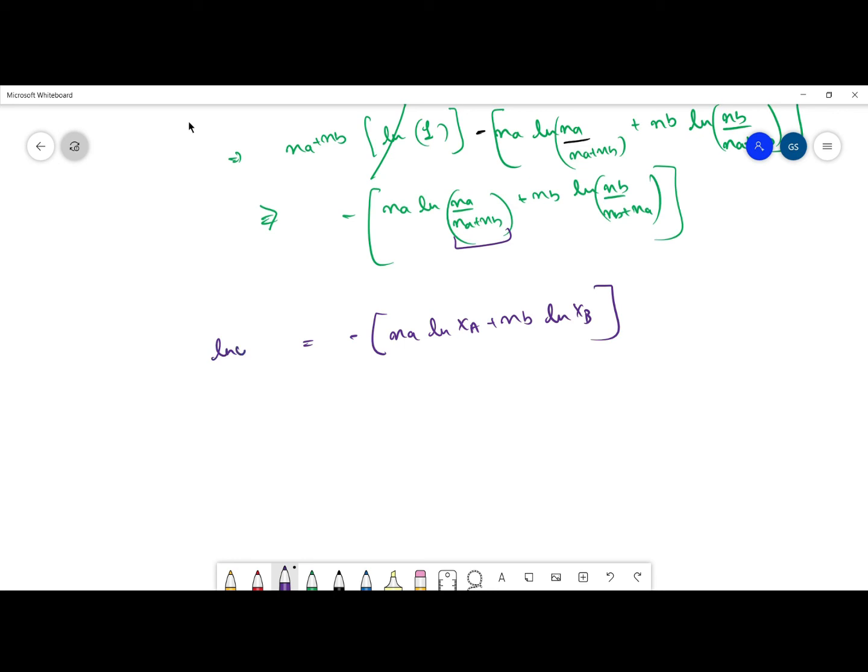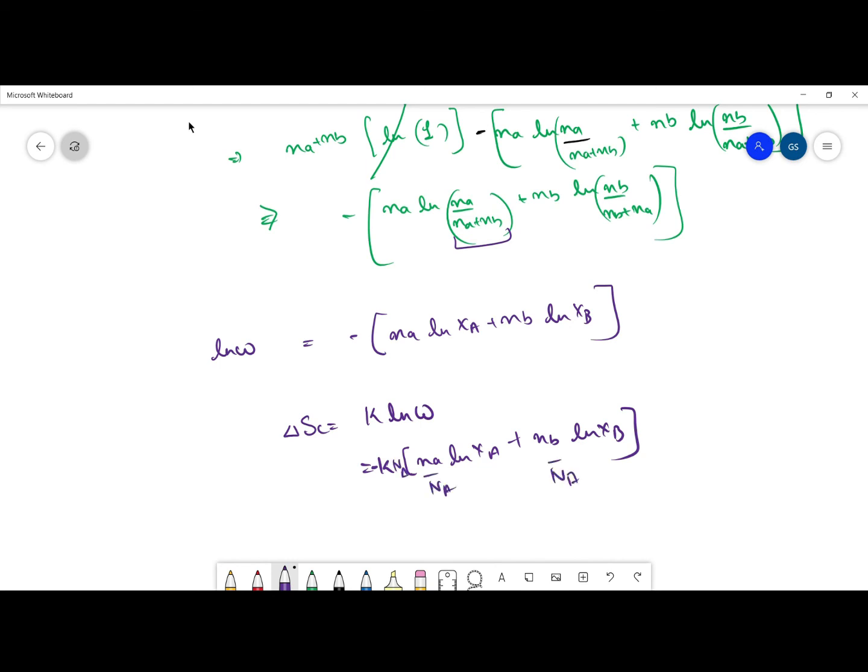This R ln omega term is now reduced. So this configurational entropy was K ln omega, where ln omega is this thing, so K, now it is minus Na ln Xa plus Nb ln Xb. Let's multiply and divide by Na.